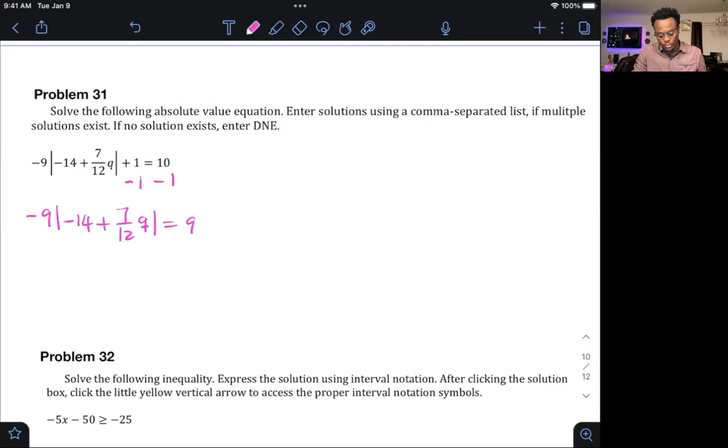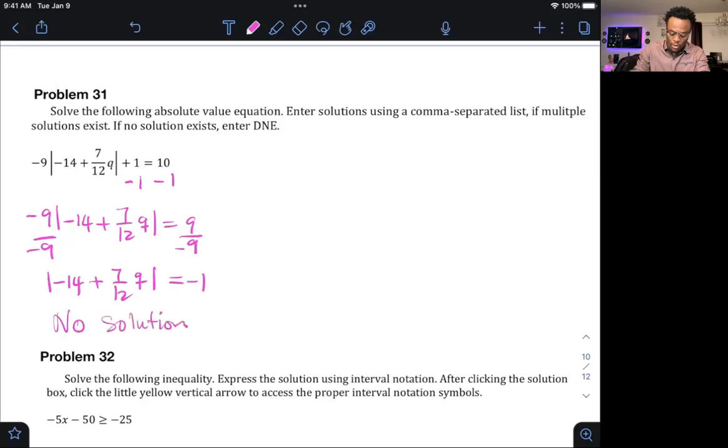And then what? We will divide by -9. Absolute value of -14 plus 7/12 equals -1. No solution, and you know why already, because absolute value of an expression must always be positive. No solution.